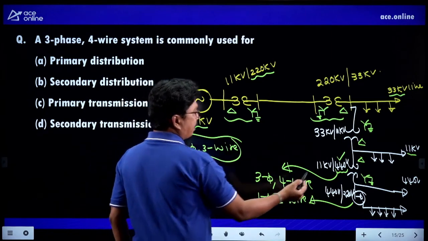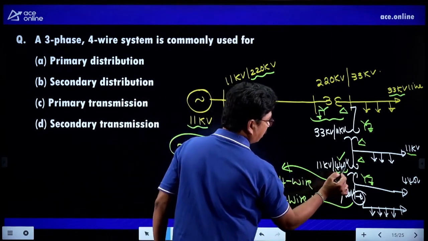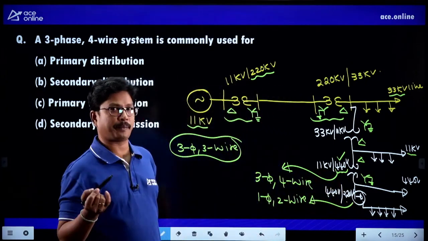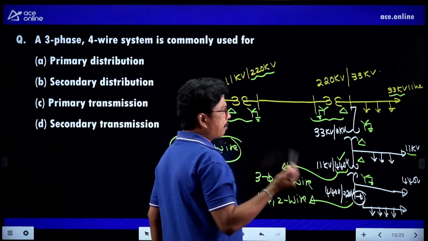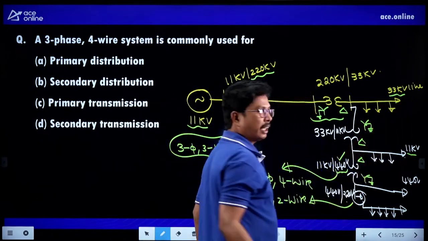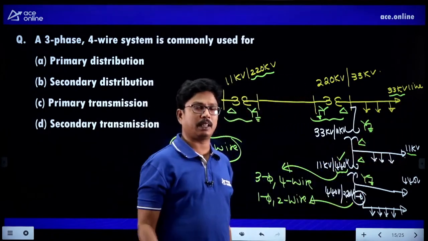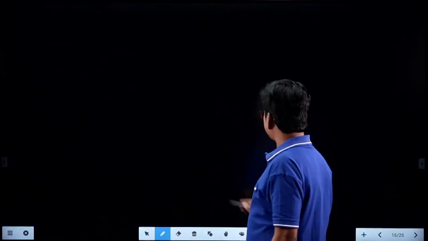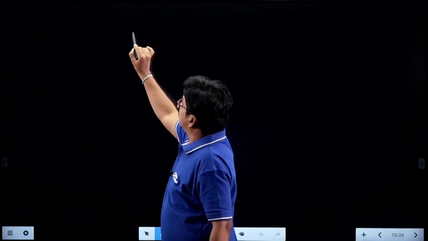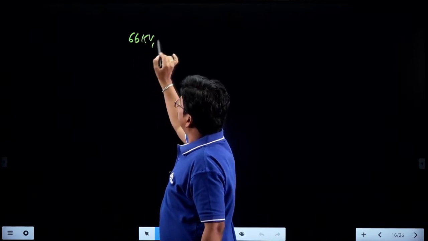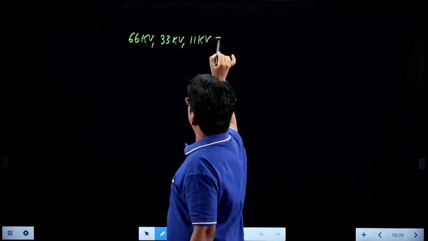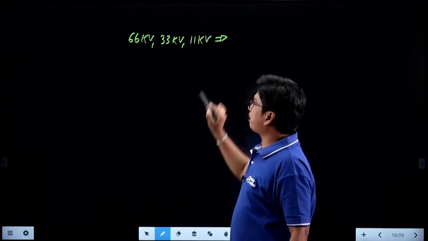So whenever you are having 440 volts, 440 volts and 220 volts are called secondary distribution. But primary distribution are 11 kilovolts, 33 kilovolts, 66 kilovolts. These are HV distribution, or we can call it primary distribution.